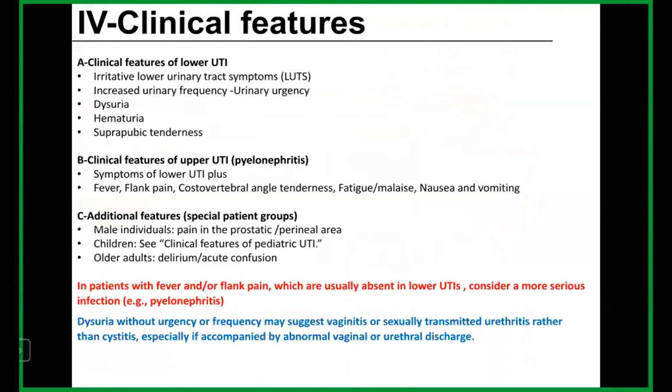The clinical features. The symptoms or clinical features of lower urinary tract infection, as you know, we saw on the first page of this presentation: the irritative lower urinary tract symptoms, increased urinary frequency or urinary urgency, dysuria, hematuria, suprapubic tenderness.